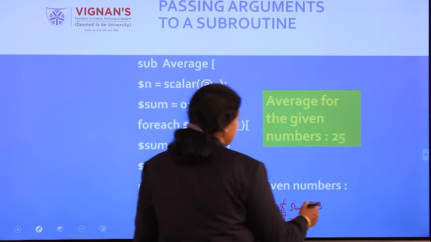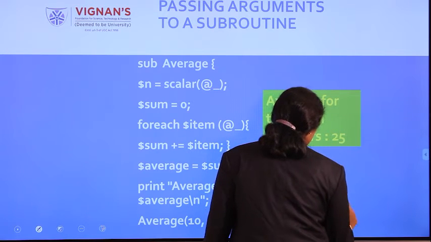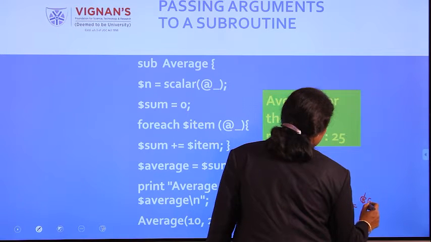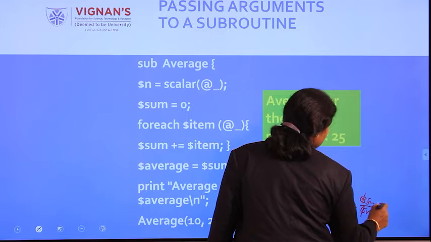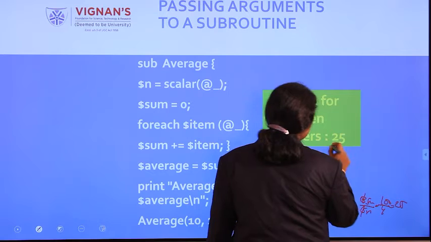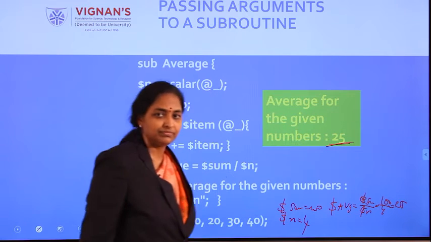So average is sum by total number, that is sum slash n, which is 100 by 4, which is equal to 25. That's your answer here.